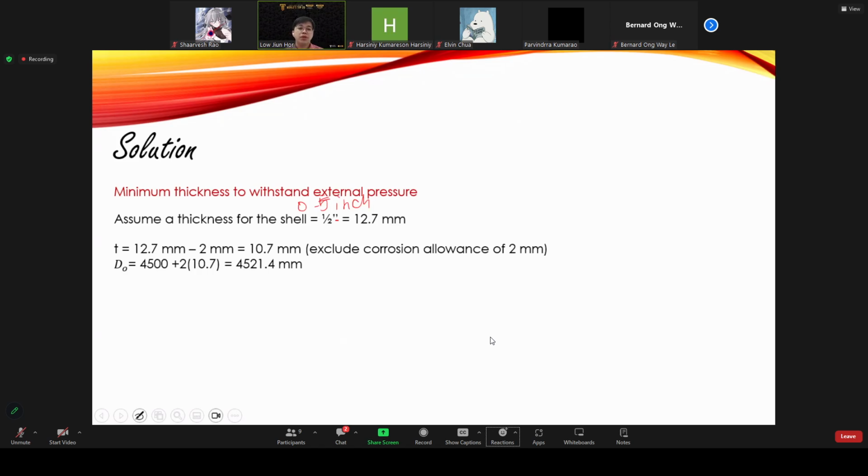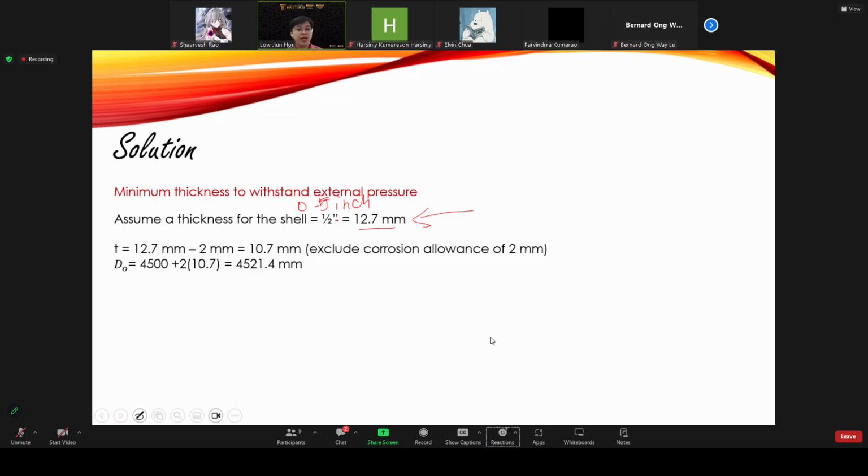First we convert inch to millimeter. If you want to convert the unit, the conversion factor will be provided. If in the final exam you need a conversion factor, of course it will be provided. Now we convert the assumed thickness from inch to millimeter. But this thickness here already includes the corrosion allowance, 2 millimeter.